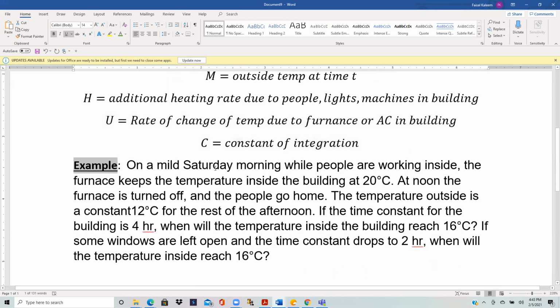On a mild Saturday morning, while people were working inside, the furnace keeps the temperature inside the building at 20 degrees C. At noon, the furnace is turned off and people go home. The temperature outside is constant, 12 degrees C for the rest of the afternoon.